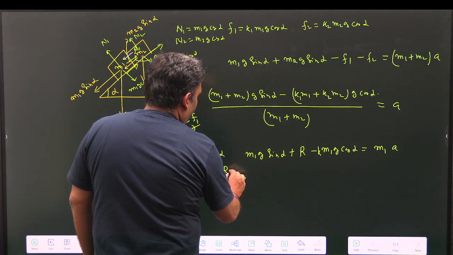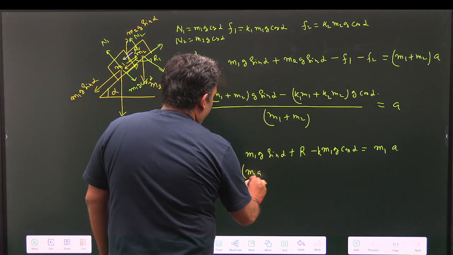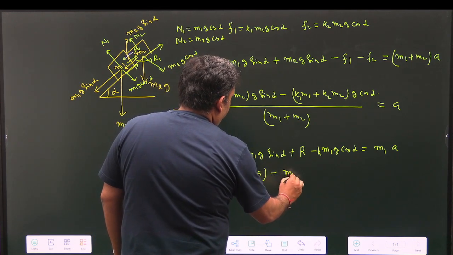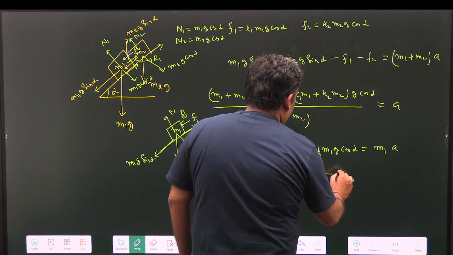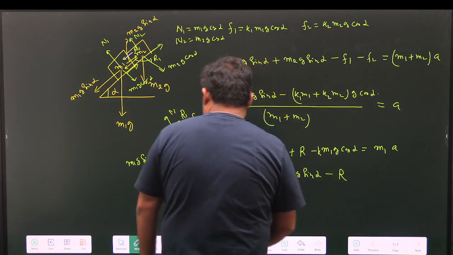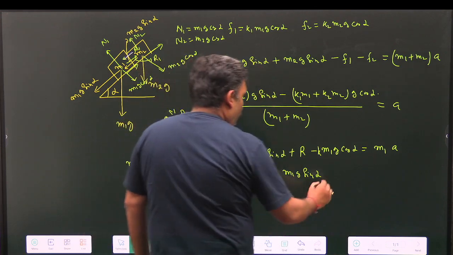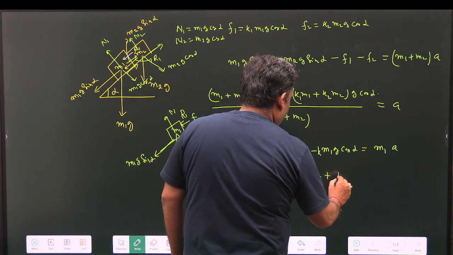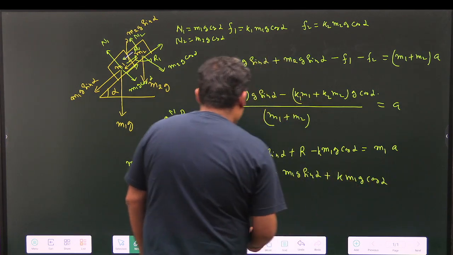The value of R is equal to m1 a minus m1 g sin alpha plus k m1 g cos alpha.